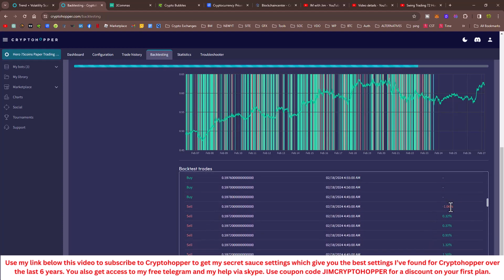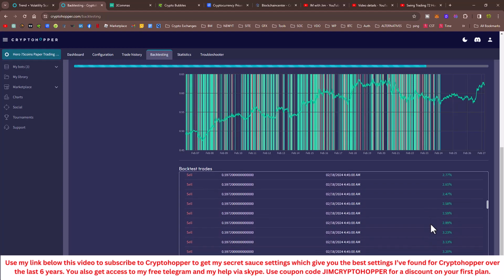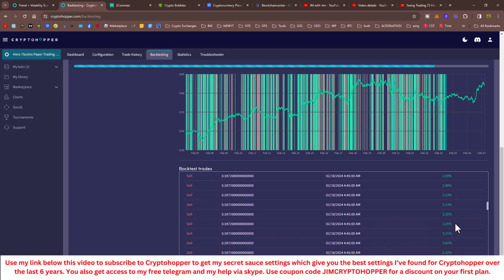Let's see if the wins outperform the losses. I think they will, because the stop losses are like 1% down and the wins are like 3%, 2%, 1% to 5%.